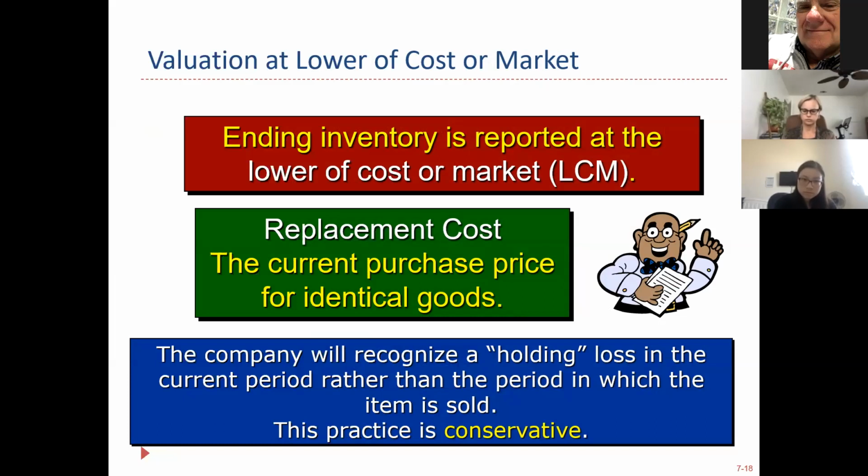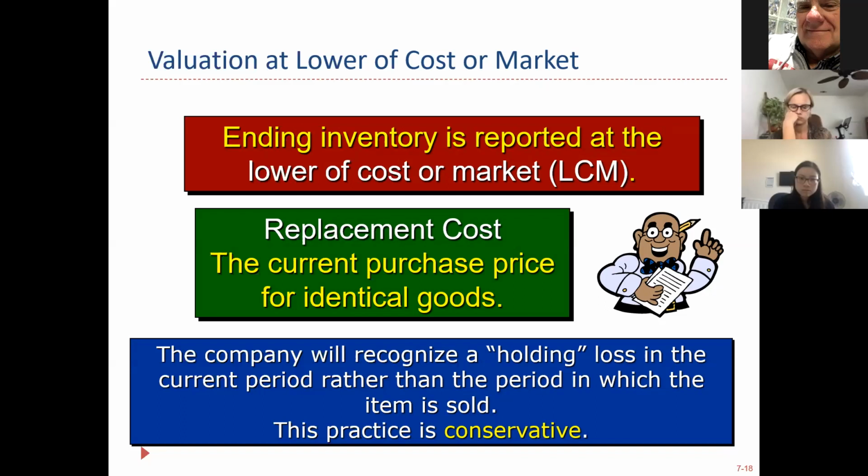Valuation at lower of cost or market. Here's another cost principle. Ending inventory is originally recorded at cost. We know that, huh, from our first 5 chapters. We bought an inventory item for $100, a $100 shirt. And we've been selling that shirt for $200, and we're making a nice profit.